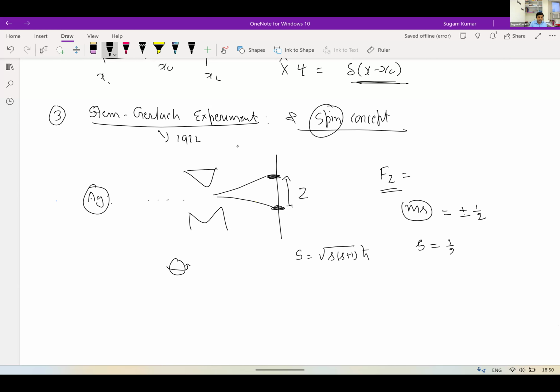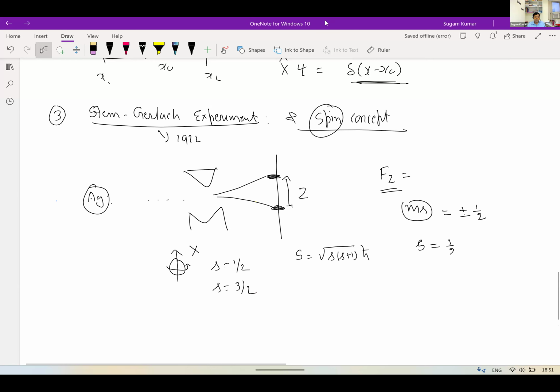If you already have this kind of wrong concept, please try to remove it from today onward. Spin doesn't mean spinning. It is an intrinsic property of a system. We will try to understand the meaning of having spin half, spin 3/2, and so on. This is one section where we will spend some time.